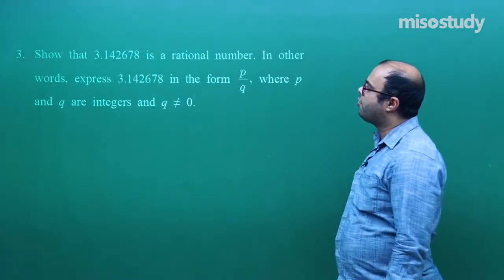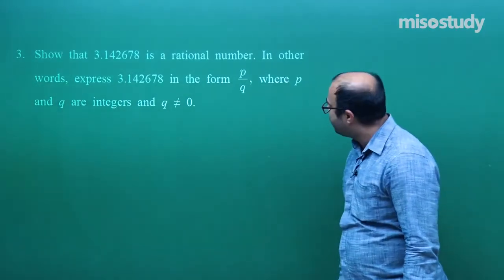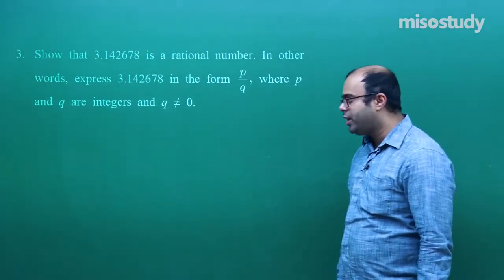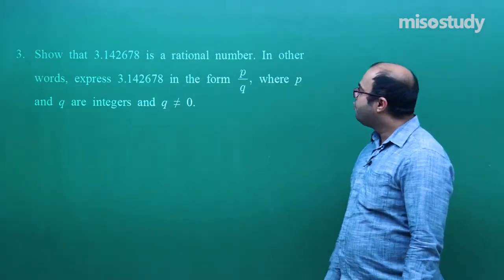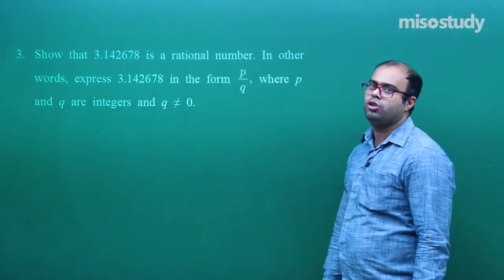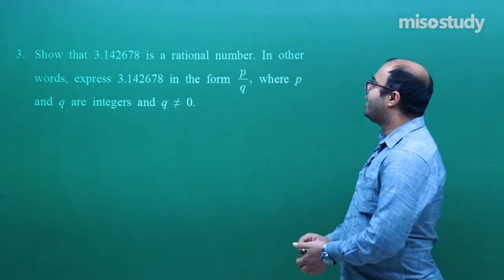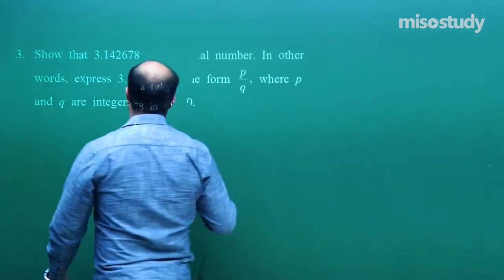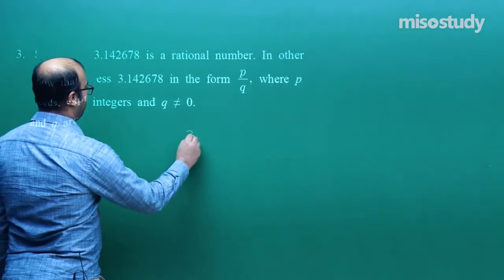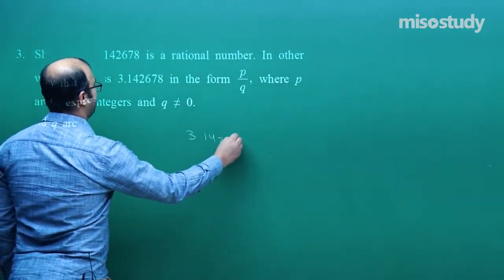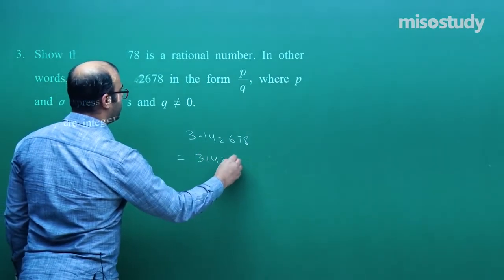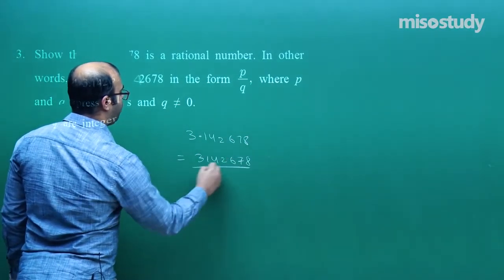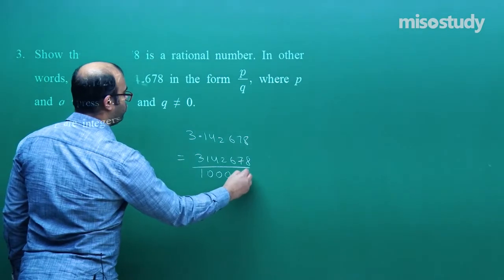Show that 3.142678 is a rational number. In other words, express 3.142678 in the form p upon q, where p and q are integers and q not equal to 0. So we can write 3.142678 as 3142678 upon 10000000.